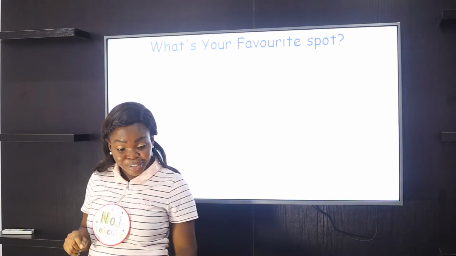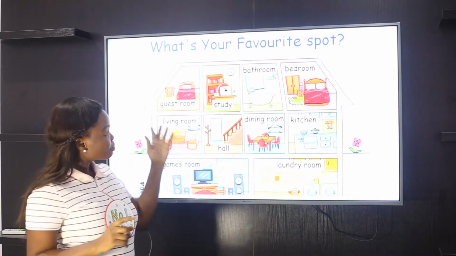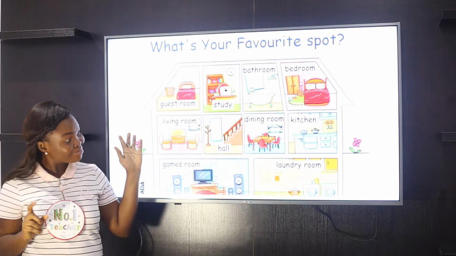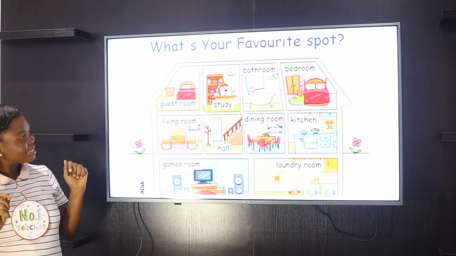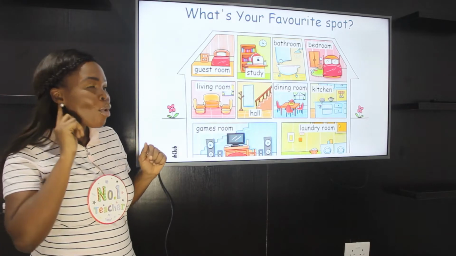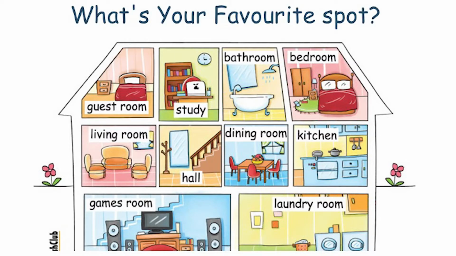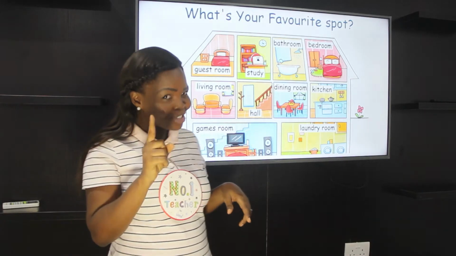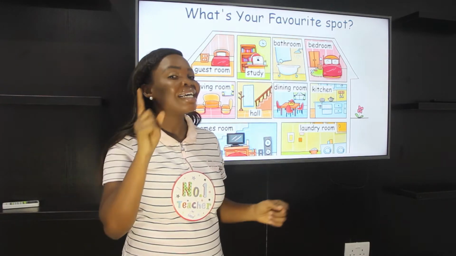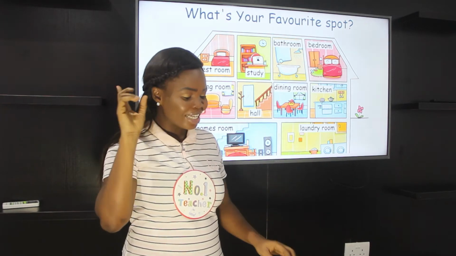All right, let's get right into this. Look at this. I'm asking some of you, what's your favorite spot in the home? Did I hear you say kitchen? For somebody whose favorite spot is the kitchen, we all know what that means. They must love food a lot.